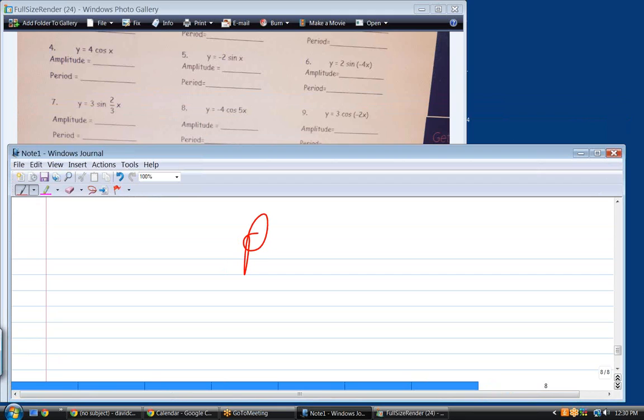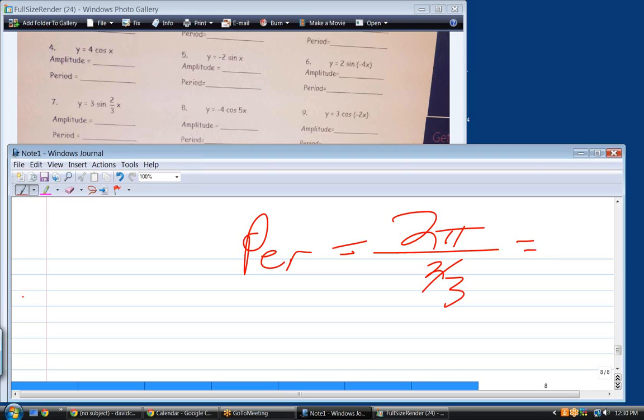So the period is 2 pi over what? B. Which is? 2 over 3x. Just 2 over 3. B is only the coefficient. Right. Now simplify that. Okay. So that'd be... Flip the denominator and multiply.